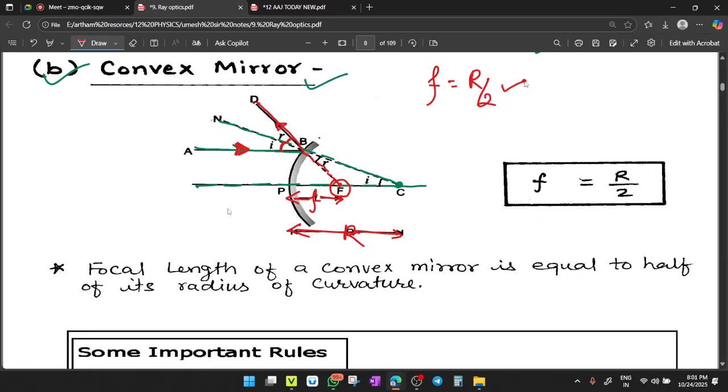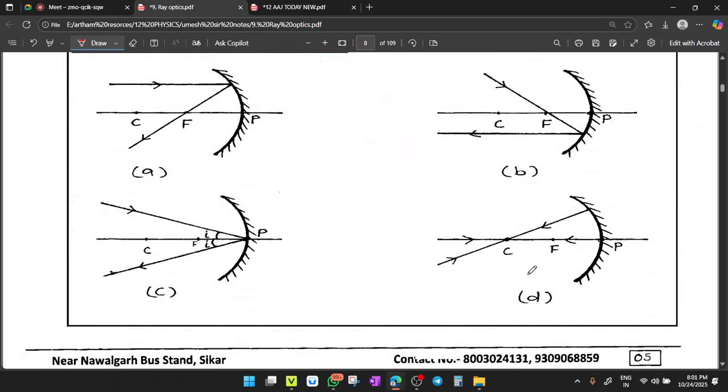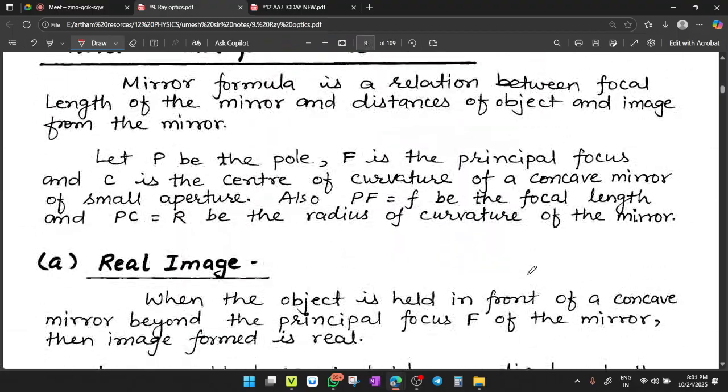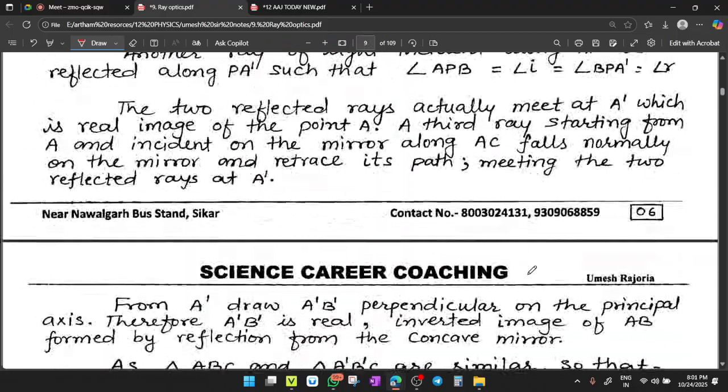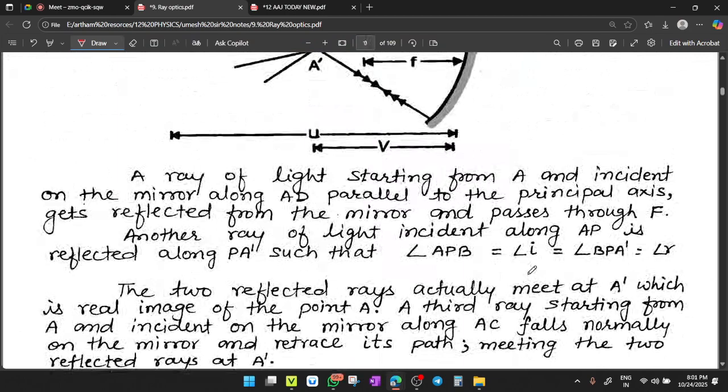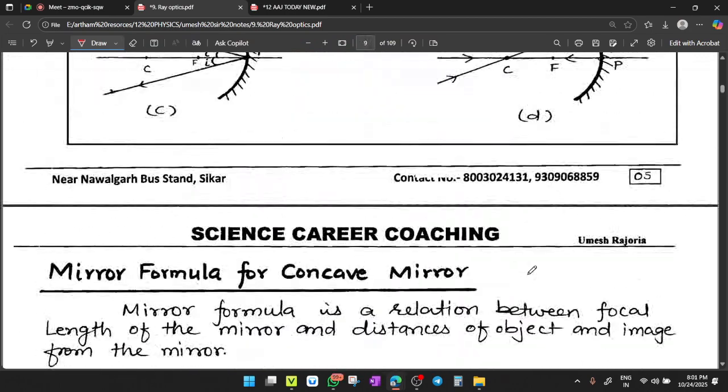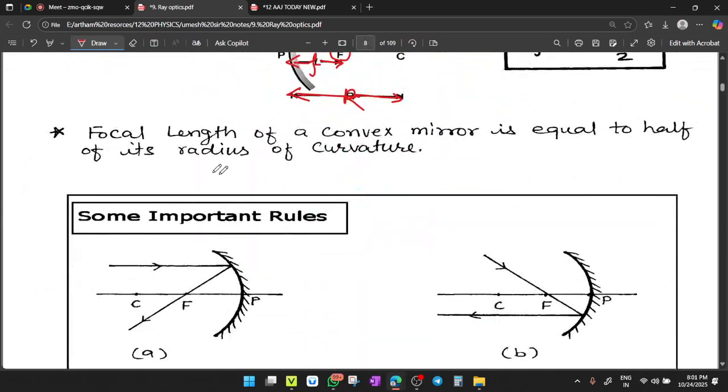So small f equals R by 2. Clear? The focal length of a convex mirror is equal to half of its radius of curvature. Now, some important rules. Derivations are also there in our syllabus, so later on we will see the important derivation related to this.